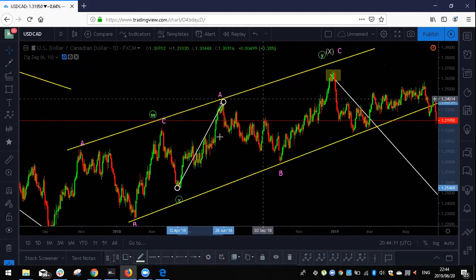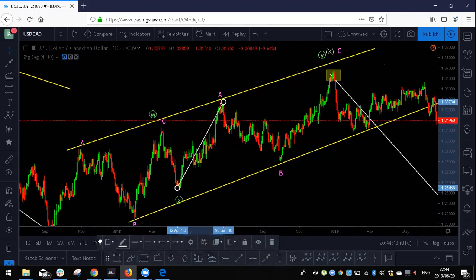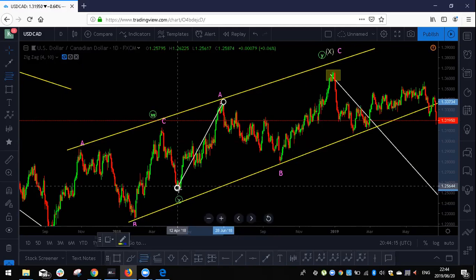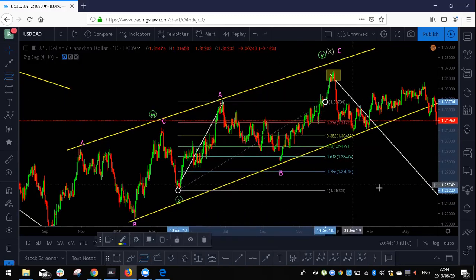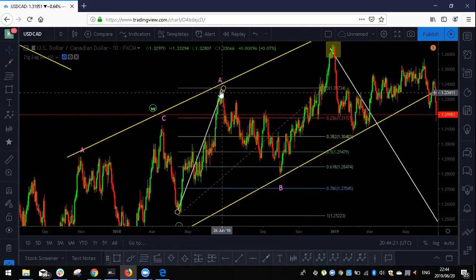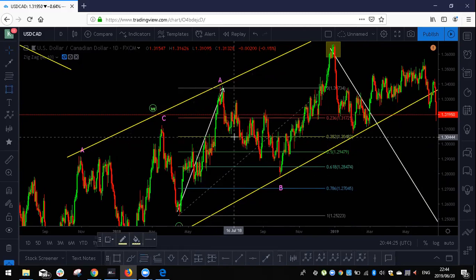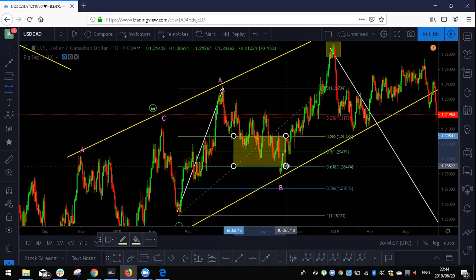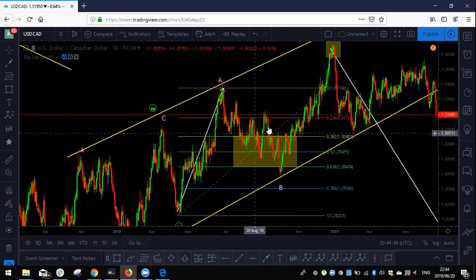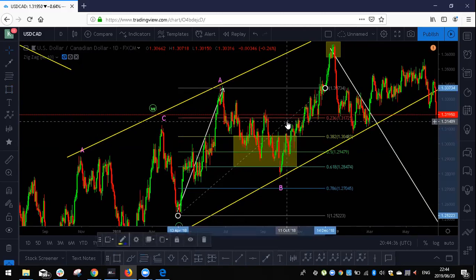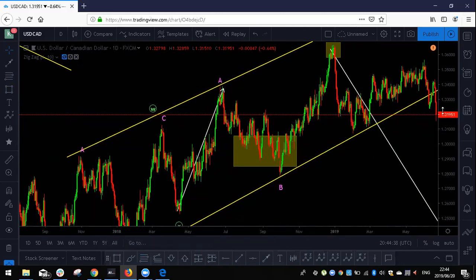Then we pull this Fibonacci like this, because the price is now starting to correct. From there, we make this buy box. Then we can delete our Fibonacci.